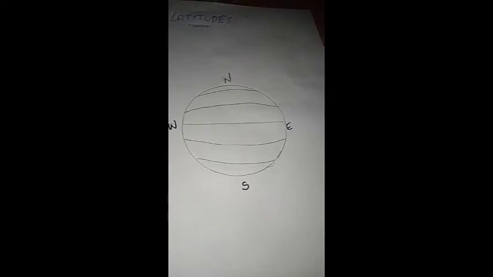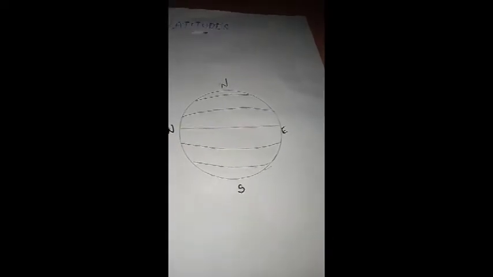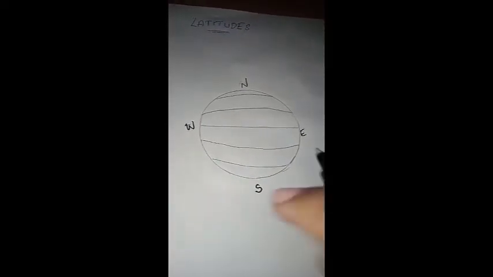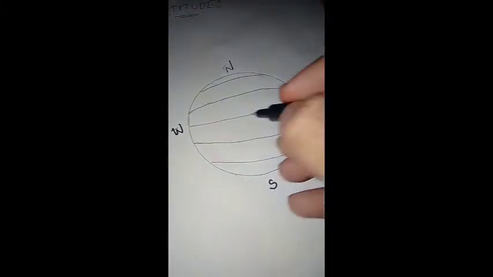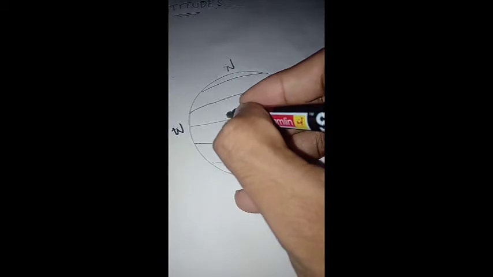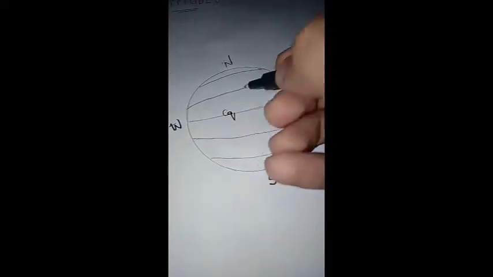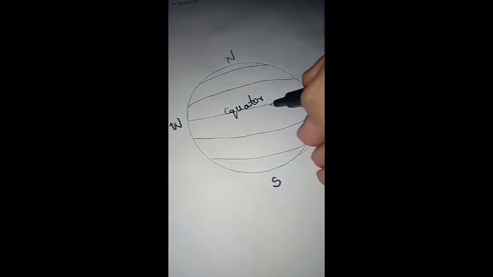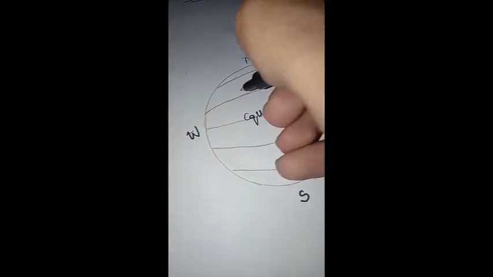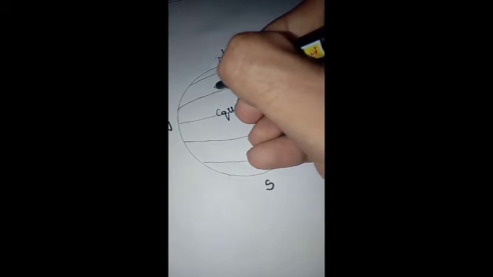Here I have drawn latitude circles whose lines are horizontal, and the middle line is called the equator. This line is called the equator. Above the equator is the Tropic of Cancer.